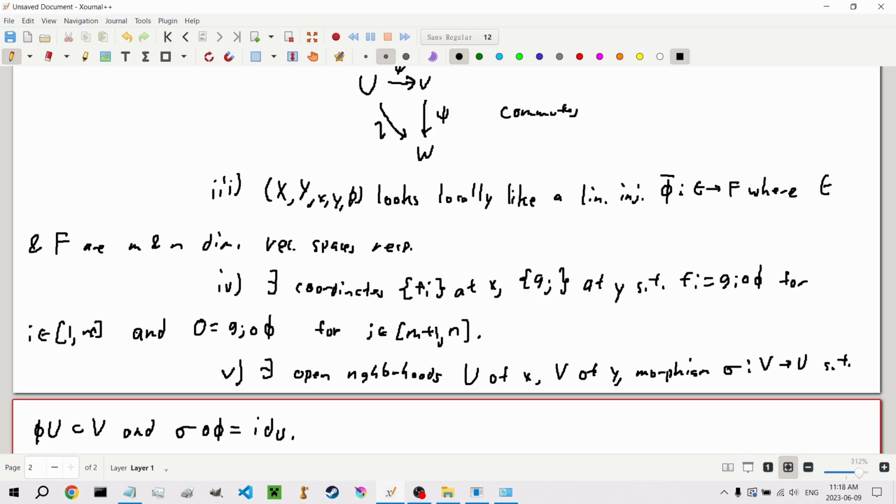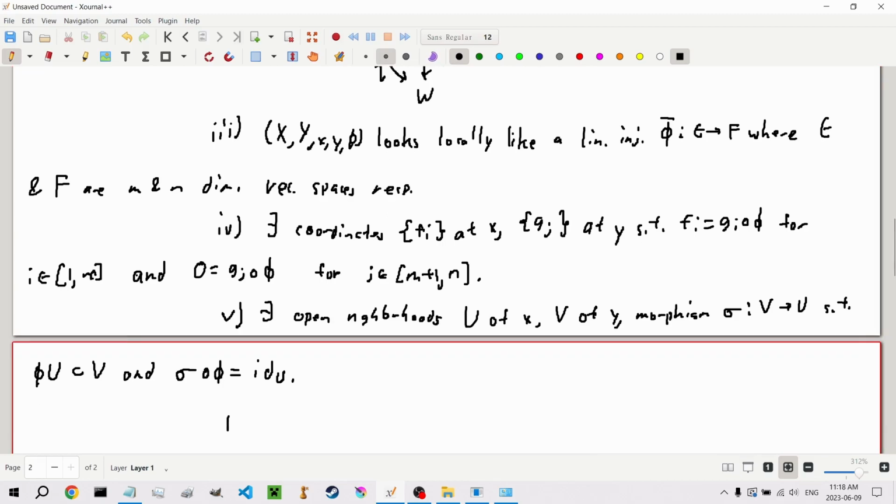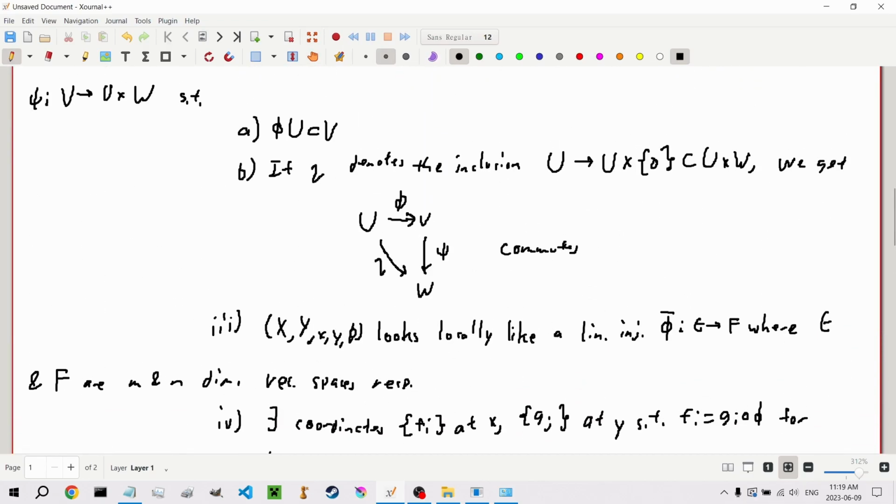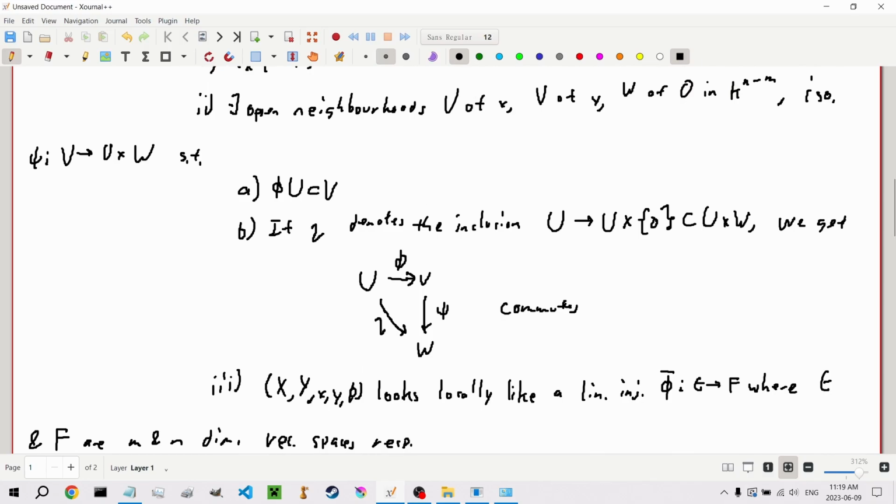So 2 implies 3 implies 4 implies 5 implies 1 is all pretty straightforward, so we're going to show the proof for 1 implies 2, which was that we have T_x of phi being injective, and then we want open neighborhoods of x and y such that we get an isomorphism C from V to U times W, as you do.